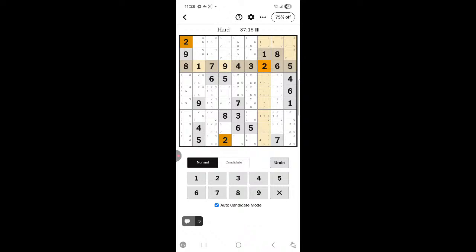If 6-3, then 3 can't. Unless 3 does. No, if 6-3 can only in these two boxes, then 3 cannot here, here, here, and there.